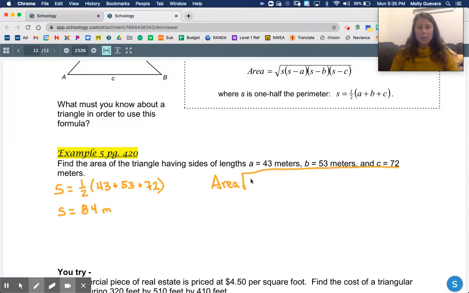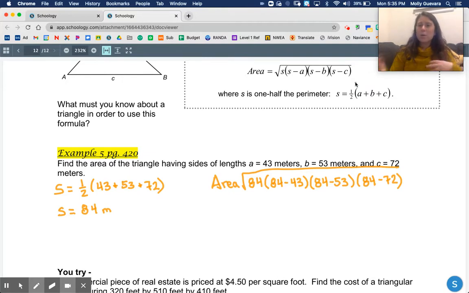Right, so it's going to be s, which is 84, times s minus a, so 84 minus 43, times s minus b, so 84 minus 53, times s minus c, so 84 minus 72. And again, even though the formula says ABC, if your triangle is labeled DEF, it's going to be the exact same thing.